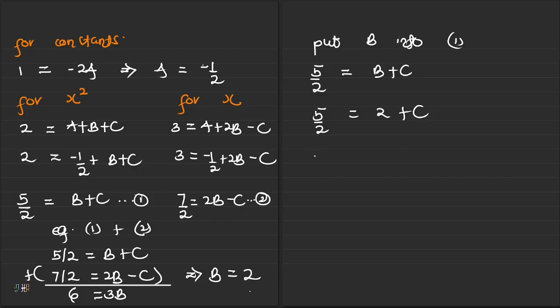Making c the subject, we have 5 over 2 minus 2, which gives us what? Our c. So solving for c, 5 over 2 is 2.5. So 2.5 minus 2 would give us a half. You see, so we can say our c is equal to 1 over 2. And it confirms what we did over there. So you realize that both methods would give you the answer.